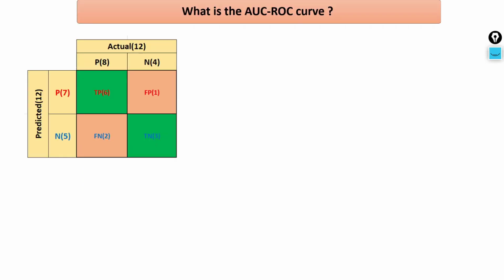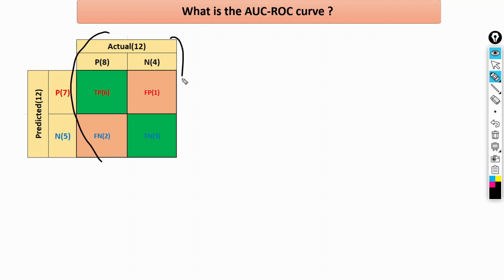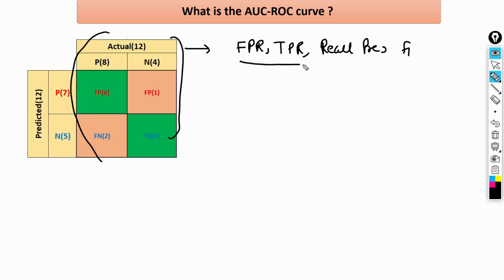As you all know, in my previous video I discussed the confusion matrix, and by using this particular confusion matrix I calculated different performance metrics like the false positive rate, true positive rate, recall, precision, F1 score, and many other metrics. Why did we calculate these metrics?